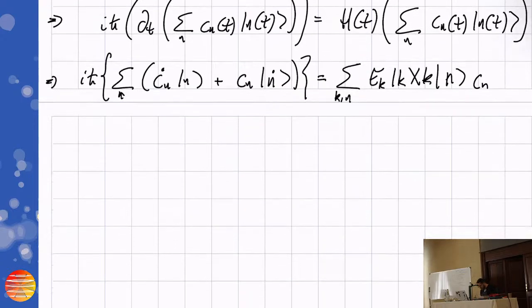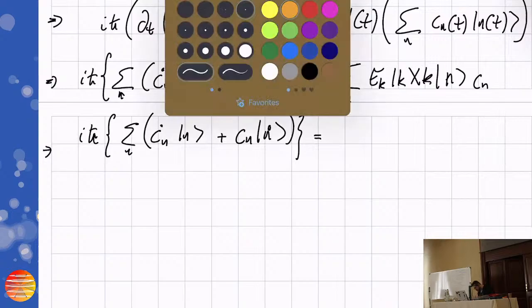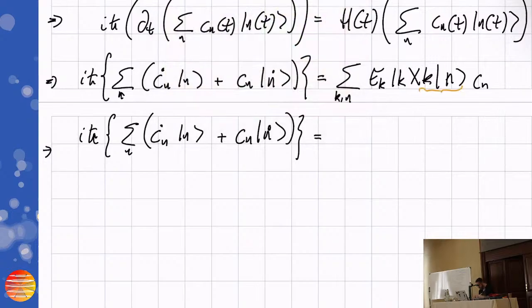Now I can just tidy this up a little bit. I get iħ, and I still have the sum over n of Cn dot |n⟩ plus Cn |n dot⟩, then equal to, and what I have here, obviously, I've just taken the spectral decomposition.